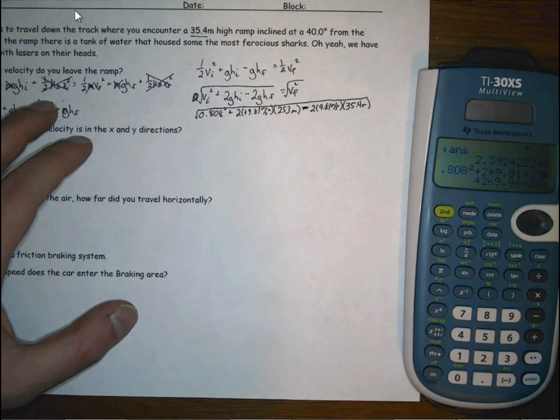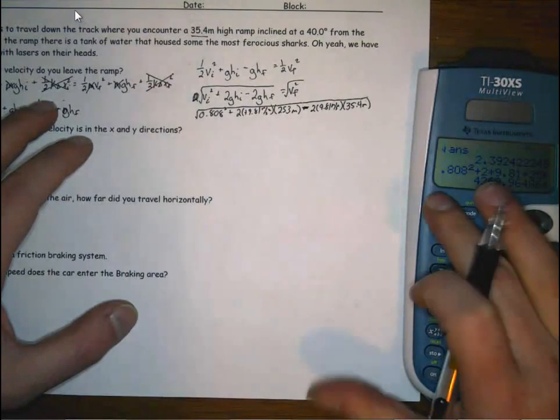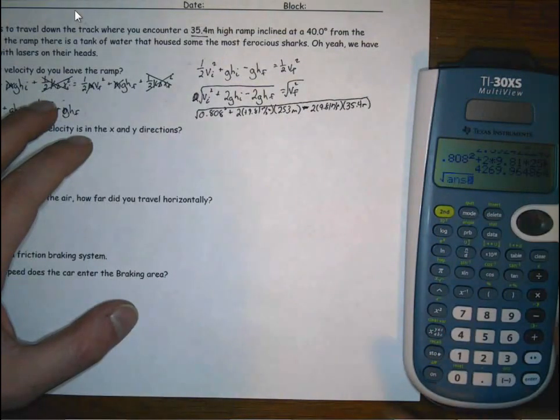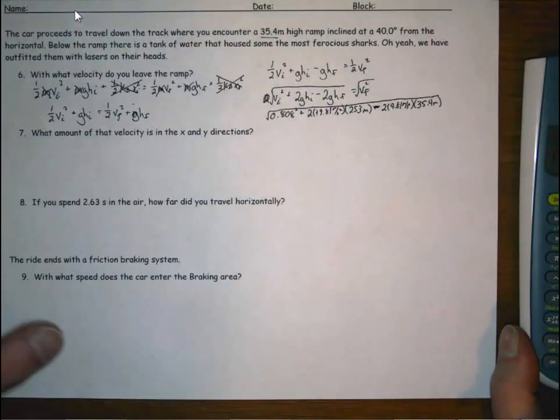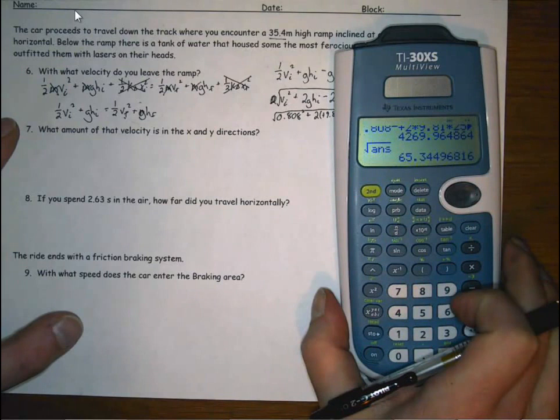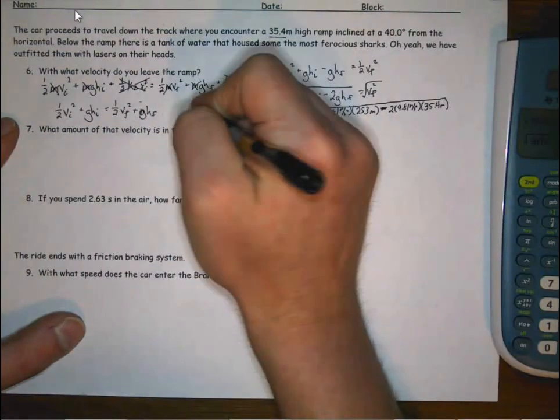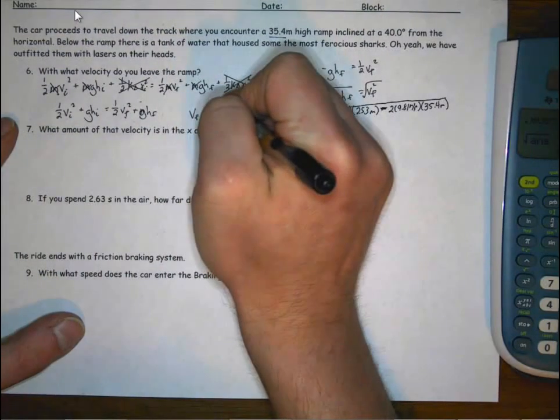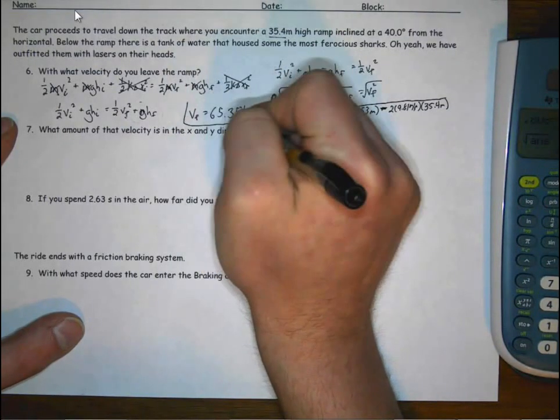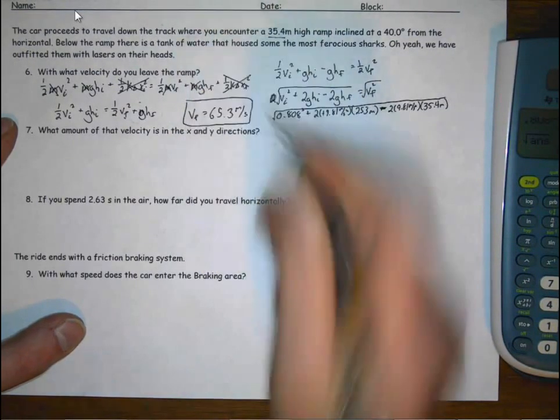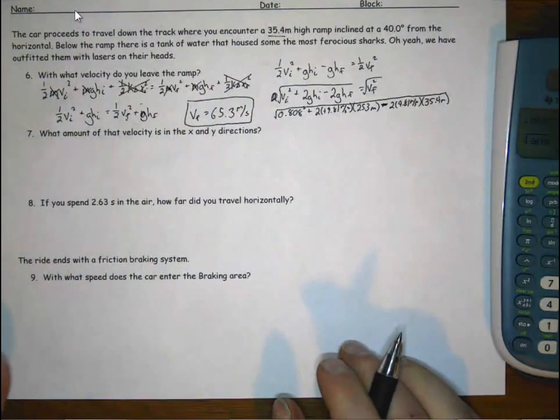And then I hit the equal sign, and then I have to take the square root of it. That gives me a velocity of 65.3. So v final equals 65.3 meters per second. Okay, so that's how fast I am traveling at the bottom of the ramp.